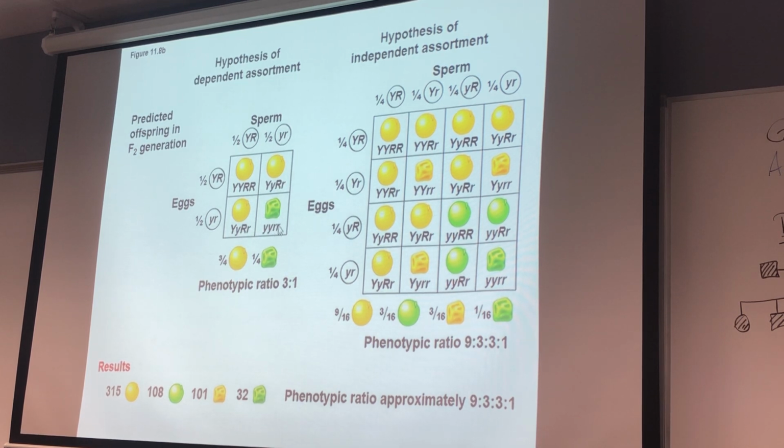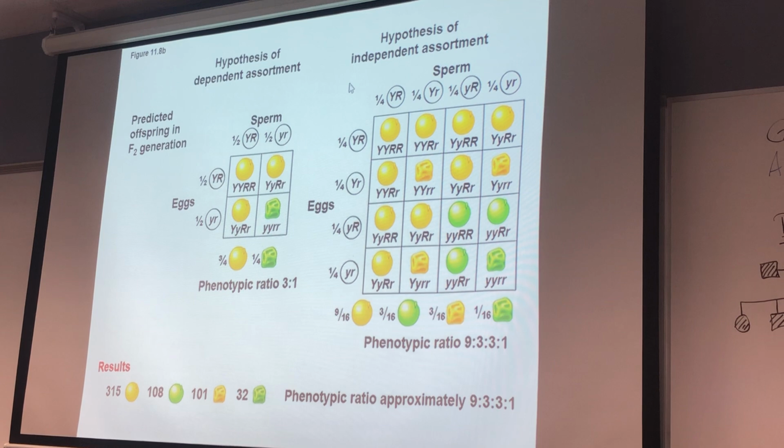And lowercase r is the recessive for the seed shape, wrinkled. So notice you have these four alleles, big Y, big R, little y, little r.